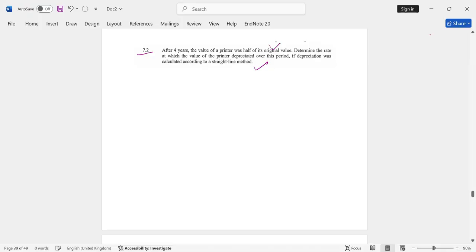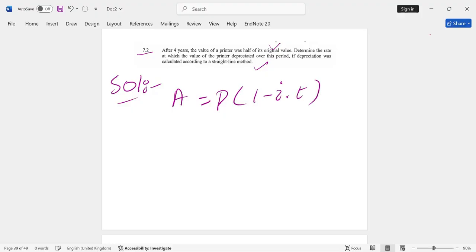We have the straight line depreciation formula: A equals P into (1 minus i times t). The given values are that A is half of the original value P, and the time t is 4 years.